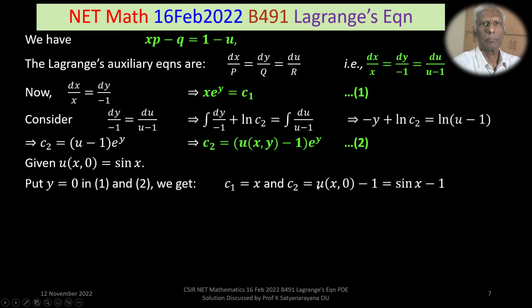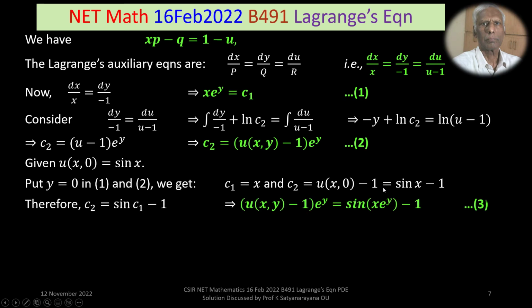So c2 is u at x comma 0 minus 1. But it is given u of x comma 0 is sin x, so c2 is sin x minus 1, c1 is x, and we get a relationship between c1 and c2 as follows. c2 is equal to sin x minus 1, but x is c1, so c2 is equal to sin c1 minus 1.